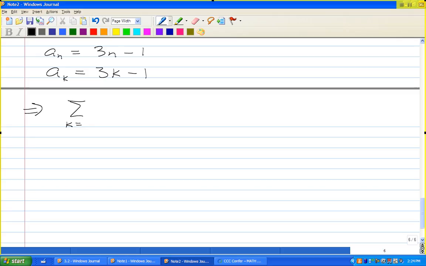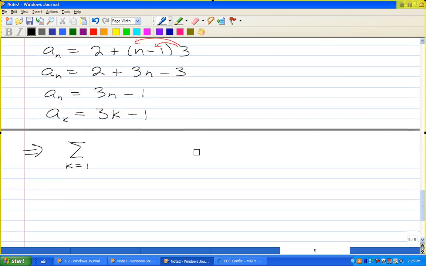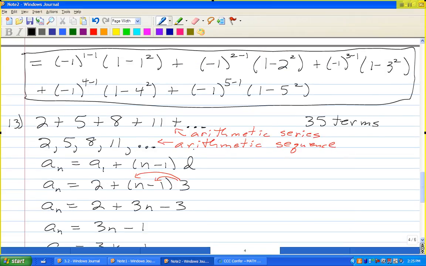I would normally have a choice where I would want to start this summation. But in this case, I actually have no choice because in order to use this above formula, I've assumed that we start counting when k is 1. So there's really no choice here. The lower index must be 1.